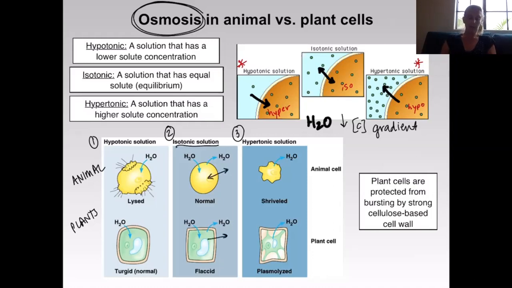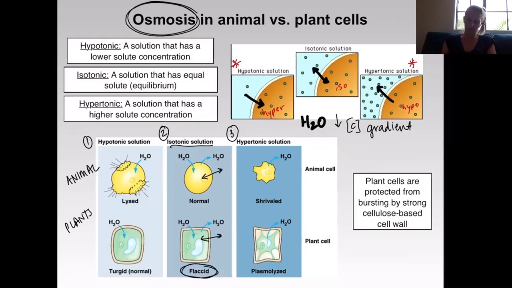Plant cells, equal diffusion of water across the plant cell, no problem. That for a cell is called a flaccid cell, right? It's normal, it's fine. However, it's not super happy, right? So that means that you can get a plant leaf that is kind of like a little wilty and sad, but it's still alive, right?